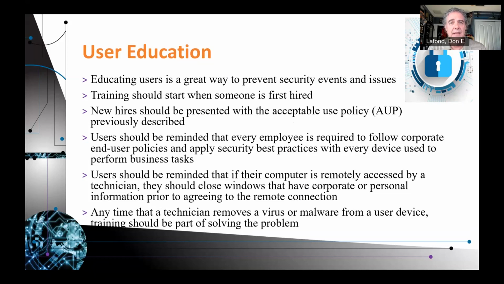Users should be reminded that if their computer is remotely accessed by a technician, they should close windows that they have open that have corporate or personal information prior to agreeing to the remote connection. Anytime that a technician removes a virus or malware from a user device, training should be part of solving the problem.